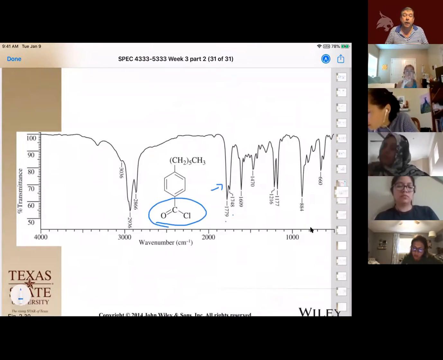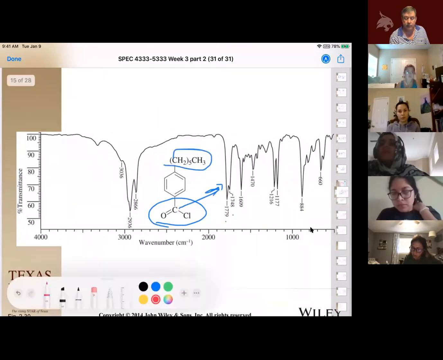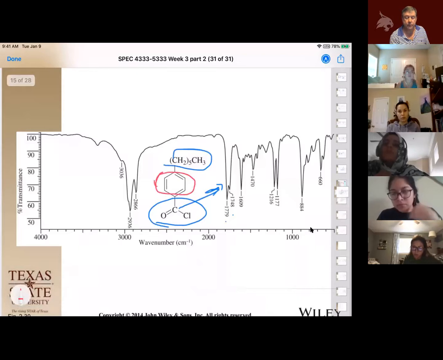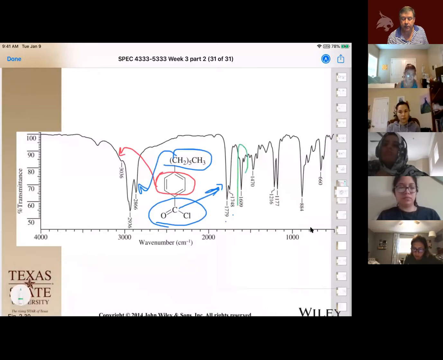That is the peak for the carbonyl itself. We see the aromatic hydrogens and the aliphatic hydrogens, but we still have our 1600, which is our carbon-carbon double bond.